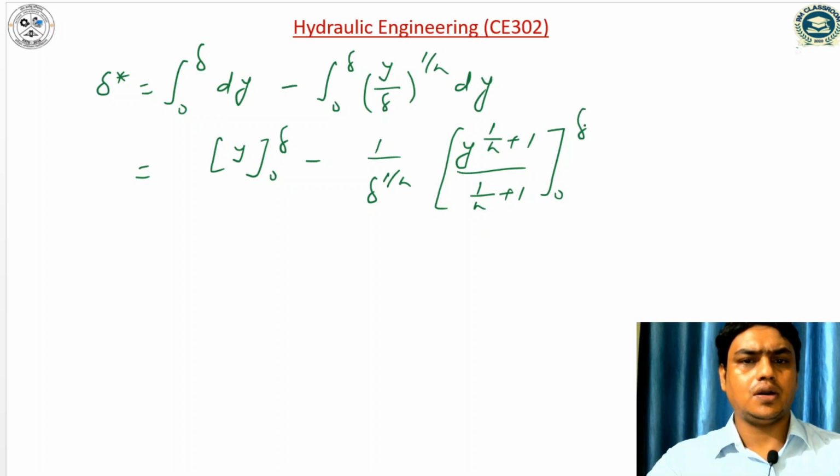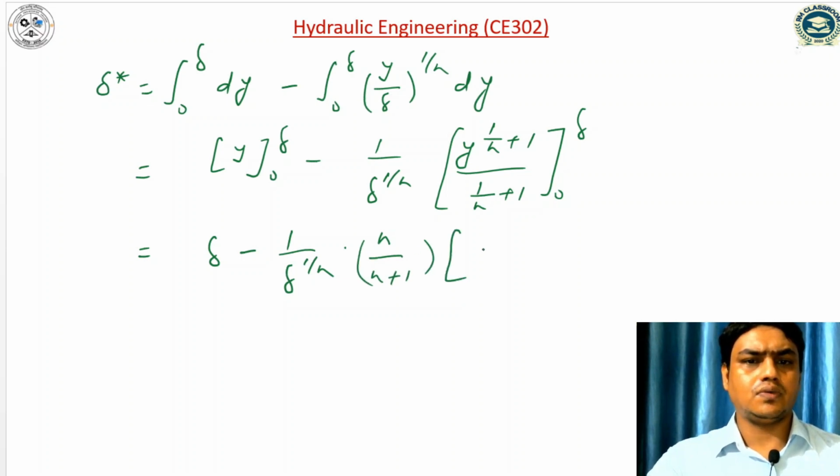Running from 0 to delta, we can write delta minus 1 by delta to the power 1 by n into n by n plus 1 into delta to the power 1 by n plus 1.